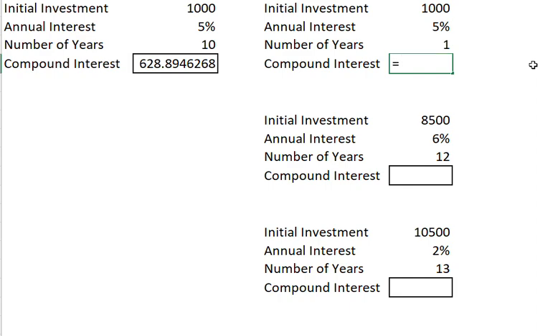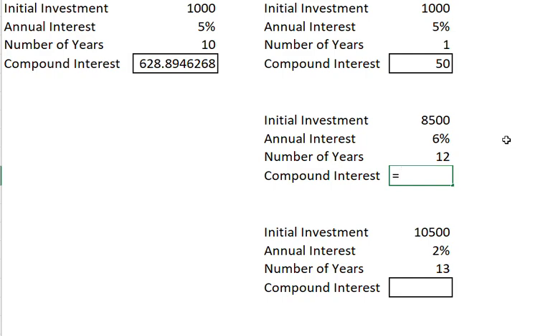What you have to do: press equal to, select initial investment, multiply, open the bracket, 1 plus, select interest rate, bracket close, power of, shift plus 6, then select number of years, minus initial investment, press enter. So you get the compound interest.